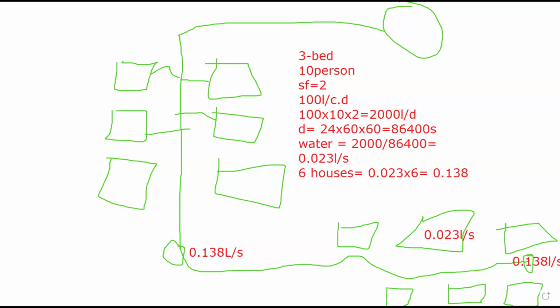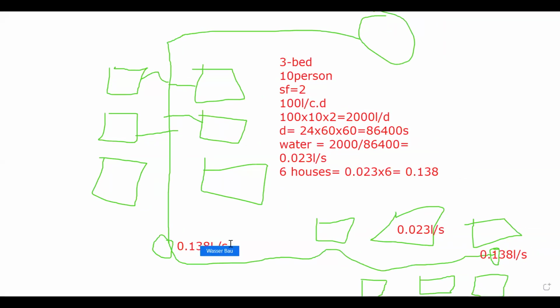It means that automatically, the value here will change to plus the value downstream, 0.138. So that becomes 0.276. So assuming that this place is called node C, or valve C, whatever you call it, or point C.